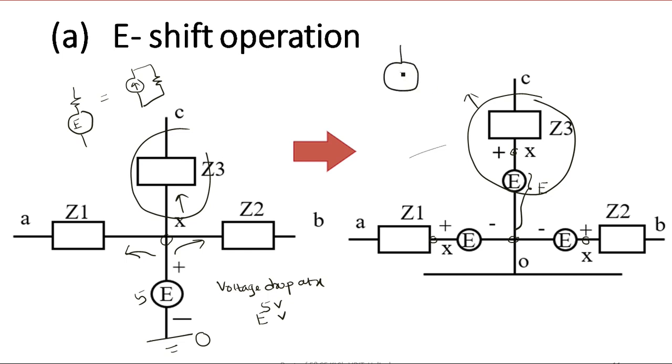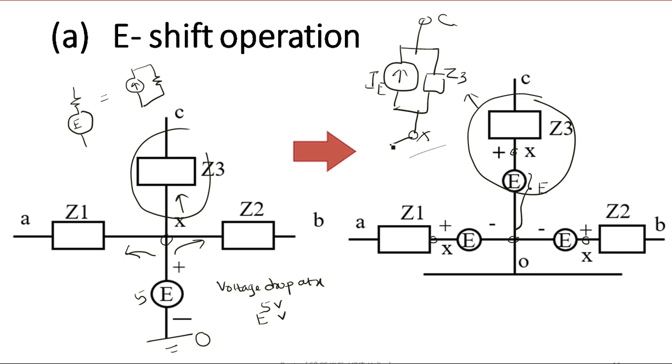So I can equivalently write something like IE in parallel with Z3. So this is how we can convert it, and here you can have the node C, and still this will be acting like node X. So everywhere you can convert it.